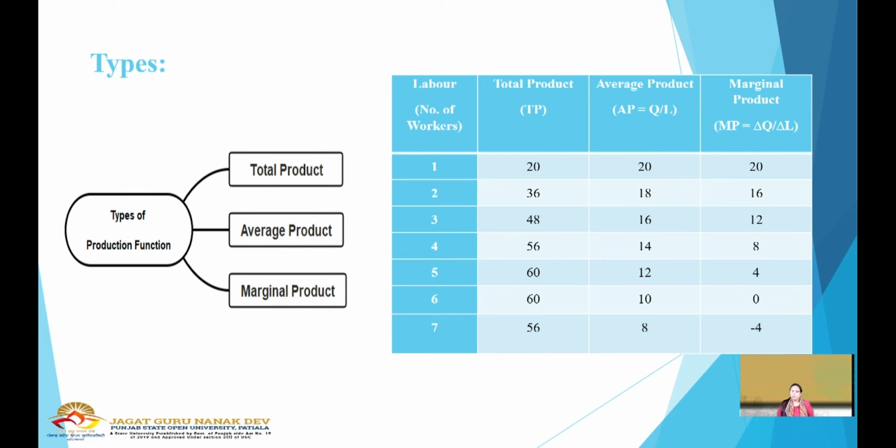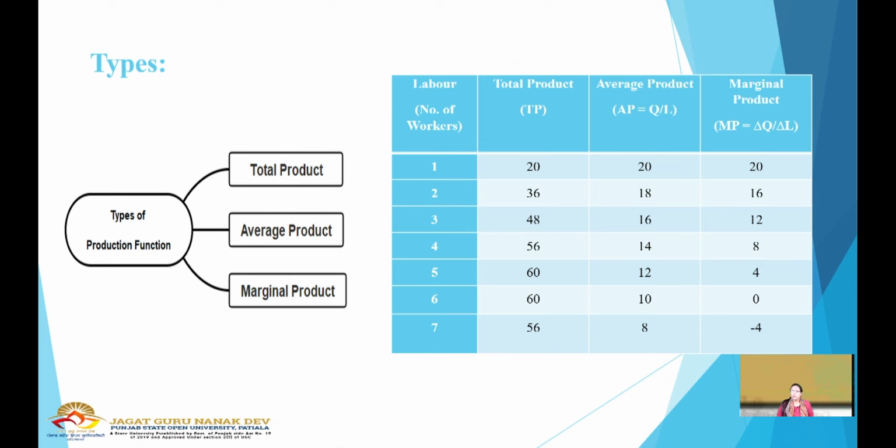This is an example of production function types. Land is fixed in the analysis, and labor is increased: 1, 2, 3, 4, 5, 6, 7. Due to this labor, with land constant, total product increases: 20, 36, 48, 56, 60, 60 again, and 56.